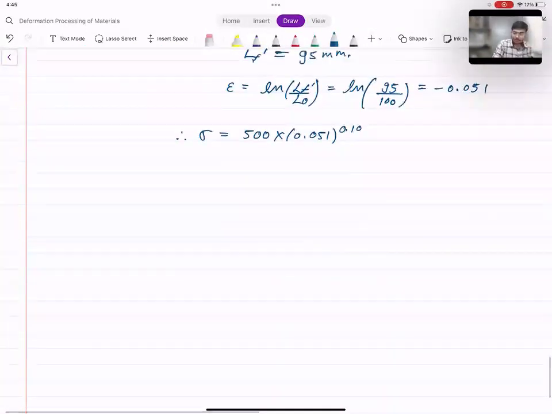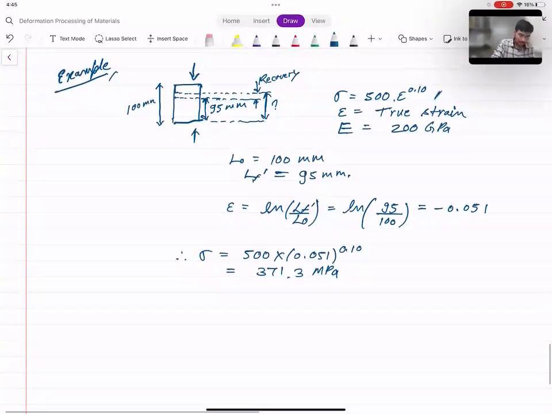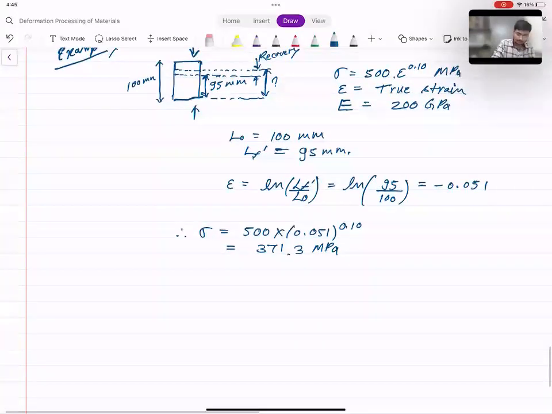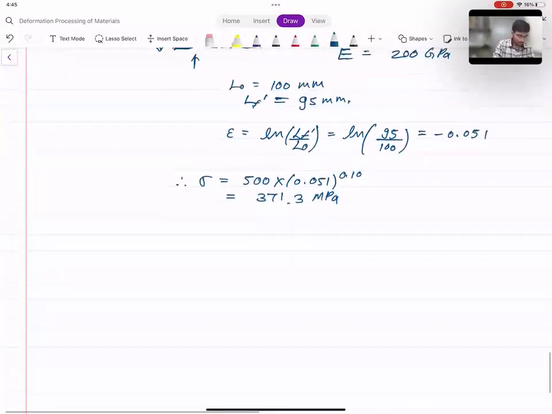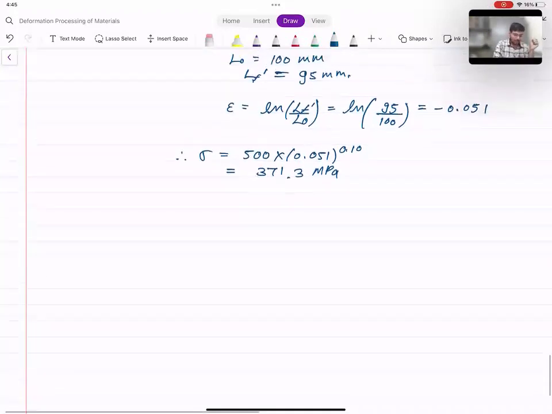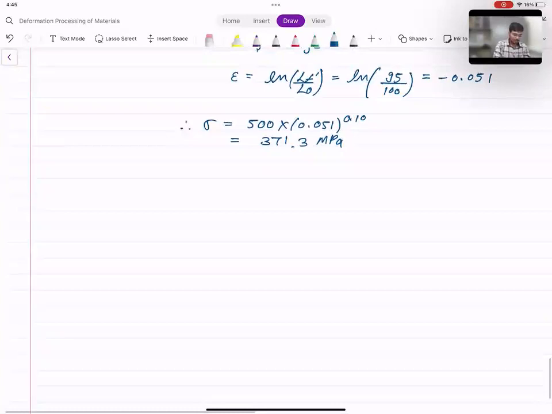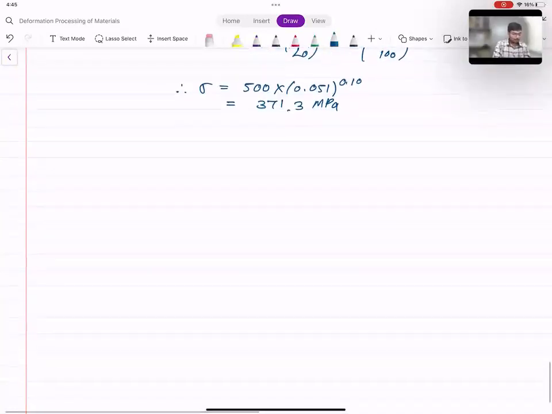So if we calculate it, this comes out to be approximately 371.3 MPa. This is given in MPa. Okay, so this is the value of stress we get. Now this stress would be compressive stress. Since we have not taken the sign, we are getting it like this. Now we have the stress value.